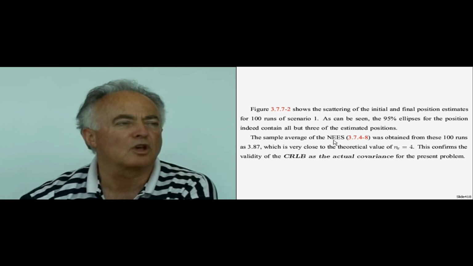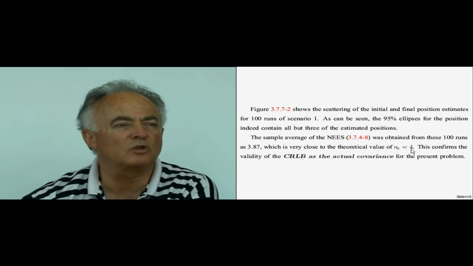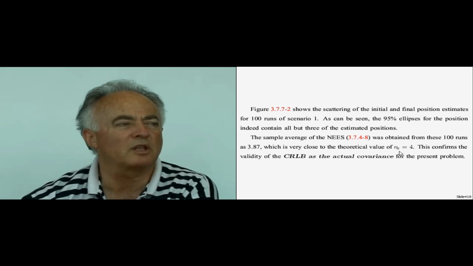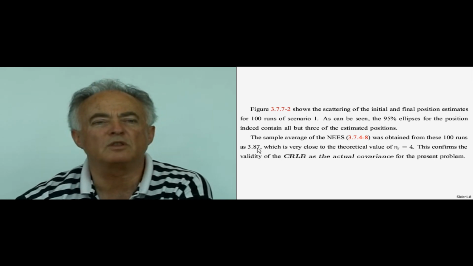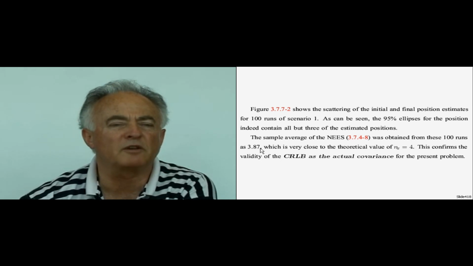Second is the statistical test using the normalized estimation errors from 100 runs, for which the theoretical value is 4. You can calculate a confidence region for it about 4 based on the fact that it's chi-square with 100 degrees of freedom. So you end up with this as 3.87, which is well within that confidence region, which was approximately 3 to 5.2.